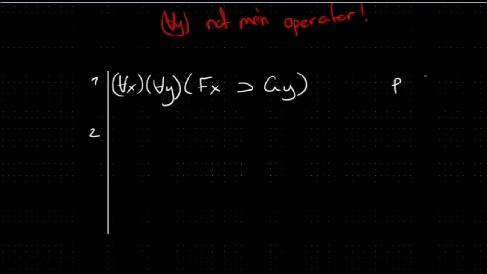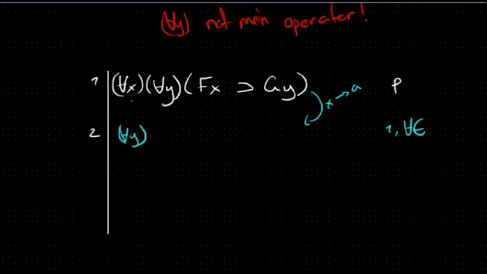So on line 2, if we wanted to do a universal elimination of 1, we'd be looking at getting rid of the ∀x, so we'd have to replace every x throughout this formula. So we'd end up with just ∀y, and let's say we replace every x.